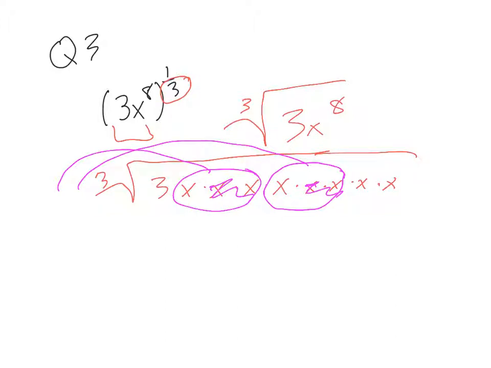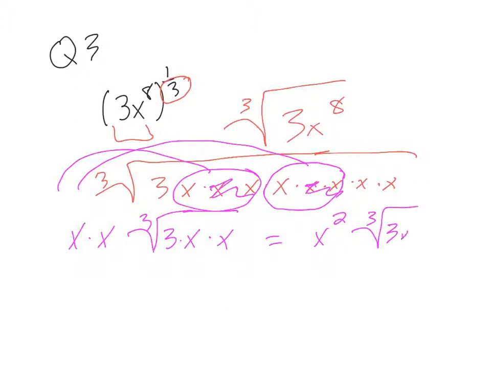And then I only have 2 left over here, so we're not going to be able to bring any out from there. So I'm going to have x times x on the outside, the cubed root of 3 times x times x on the inside. One step further to simplify, x times x is x squared, so we're going to rewrite it in that form. And this is your final answer.